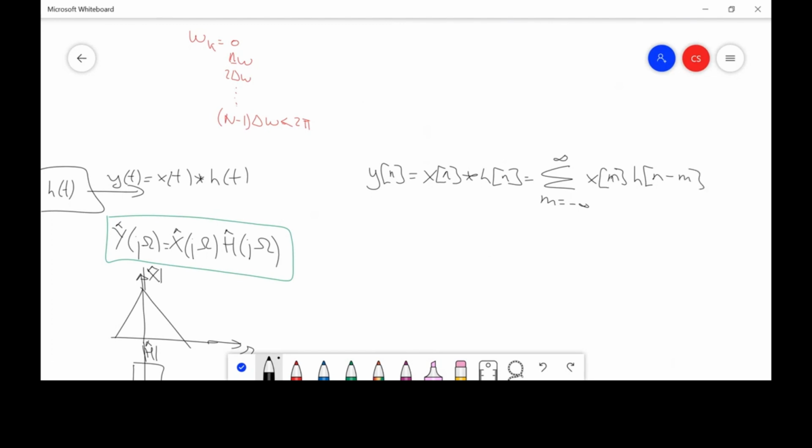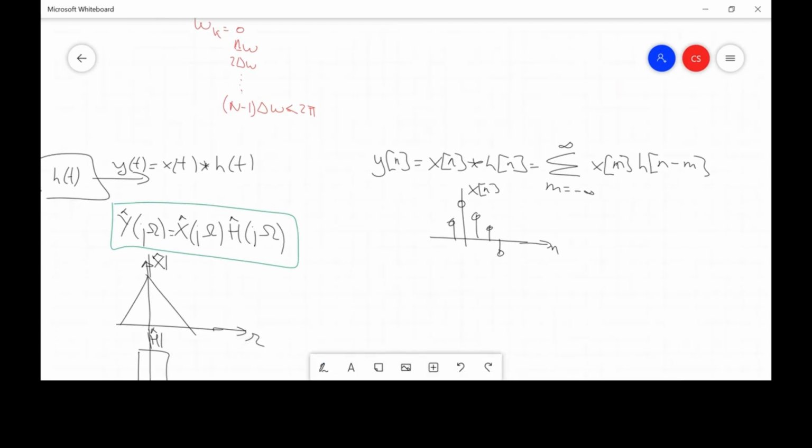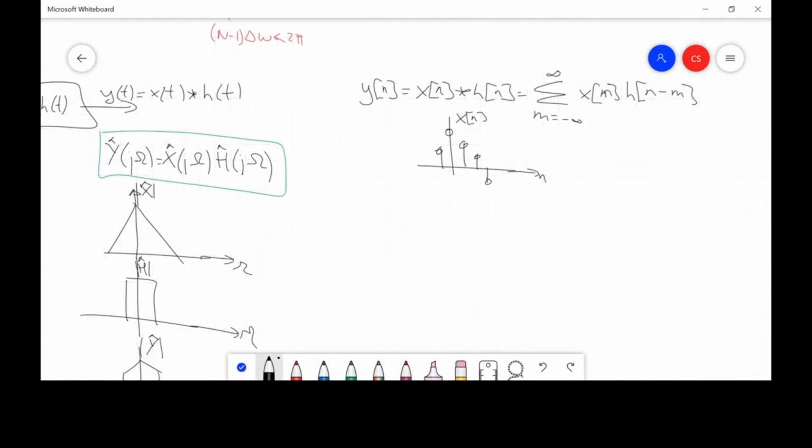Okay, so let's see what that means. Let's say that we have this signal here. This is x of n. Now my axis has to change the name, so this is x of m, but actually the representation is the same.